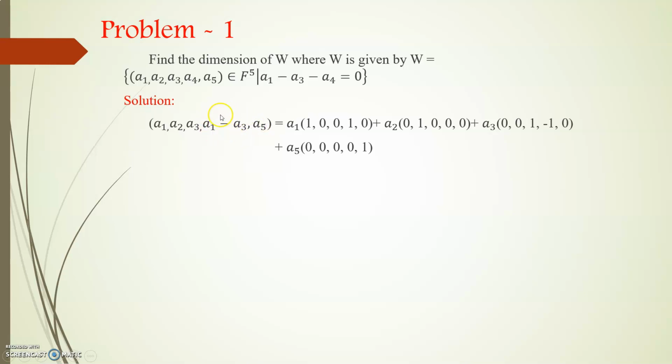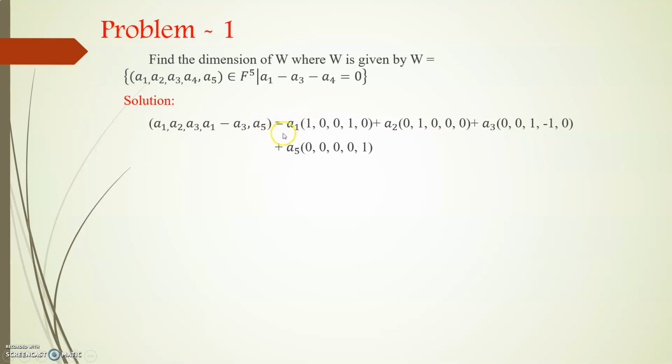Here they wrote a4 as a1 minus a3. So for the given equation, keep a4 on this side and bring a1 and a3 to the right hand side. So instead of a4, we can write a1 minus a3.